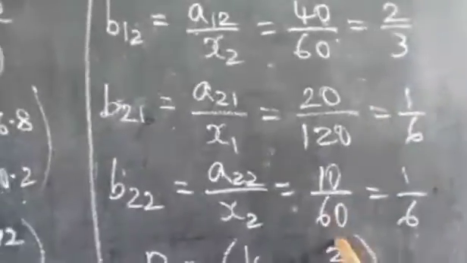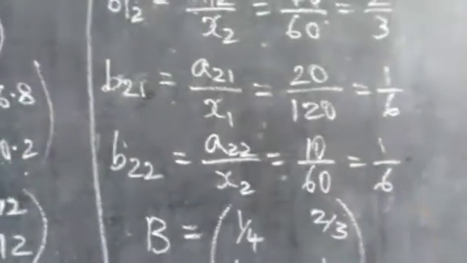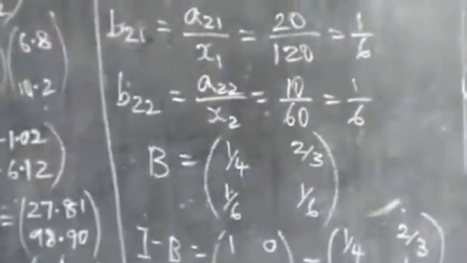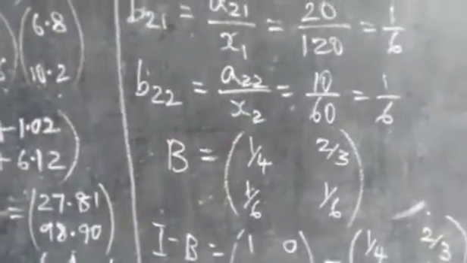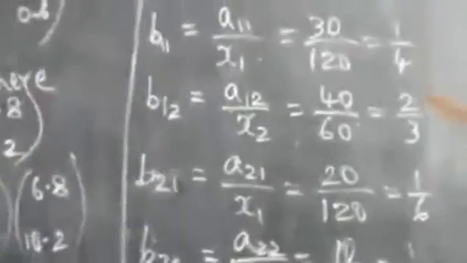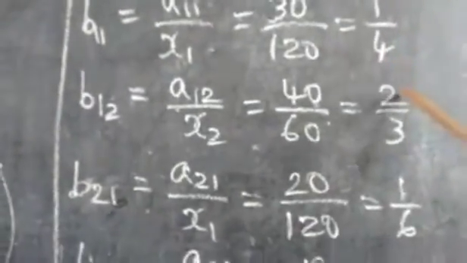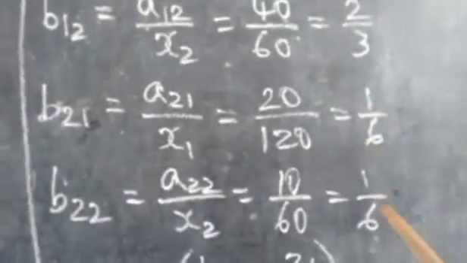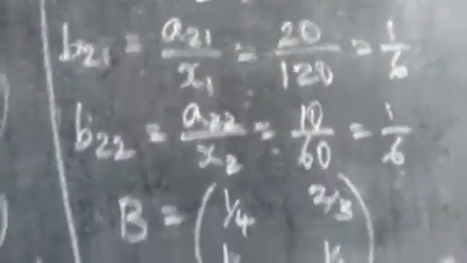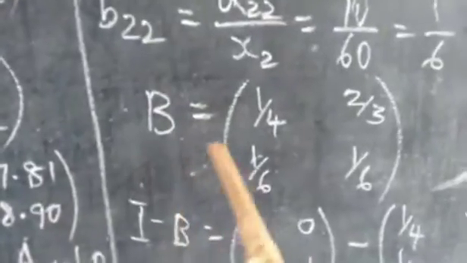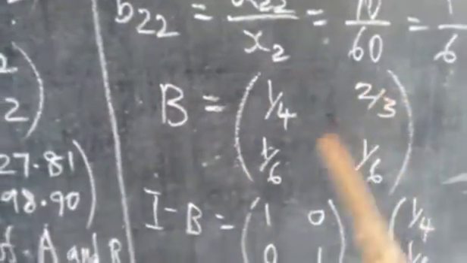Let us cancel 0 0, and we get the result 1 by 6. Now can we write the technology matrix B? B11 is 1 by 4, B12 is 2 by 3, B21 is 1 by 6, B22 also 1 by 6. So technology matrix B is 1 by 4, 2 by 3, 1 by 6, 1 by 6. Is it okay?